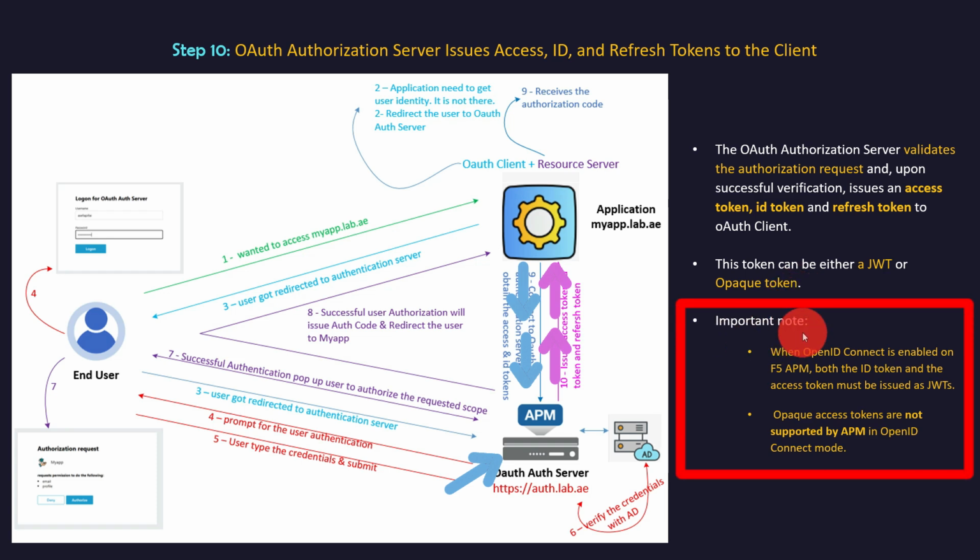Important point to note here. When OpenID Connect is enabled on F5 APM, both the ID token and the access token must be issued as JWT tokens, because opaque access tokens are not supported by APM in OpenID Connect mode.